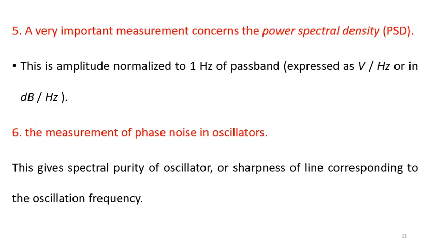We also use spectrum analyzers if we want to carry out measurements of phase noise in oscillators. Oscillators are of two types. Some oscillators are supposed to operate in phase, that is, the angle at which the output reaches maximum and falls to minimum is always constant.